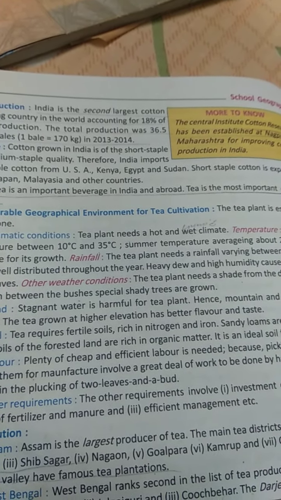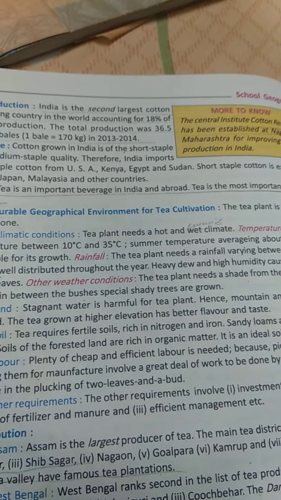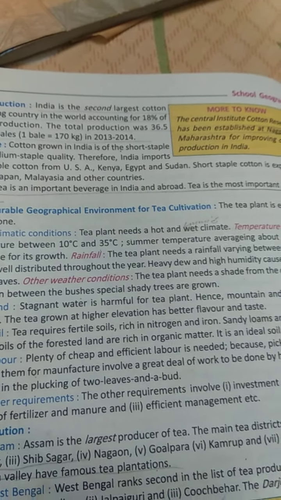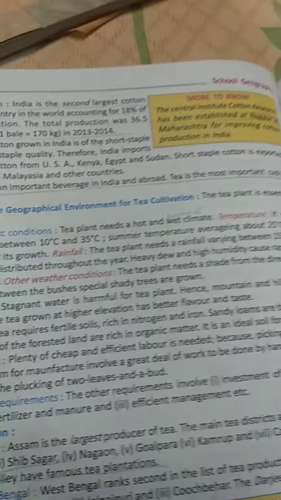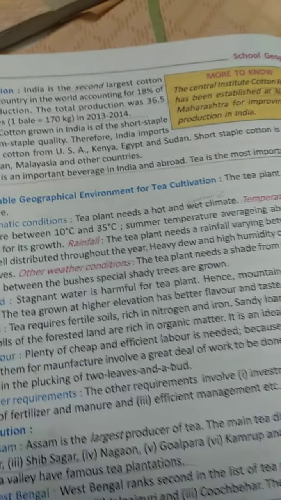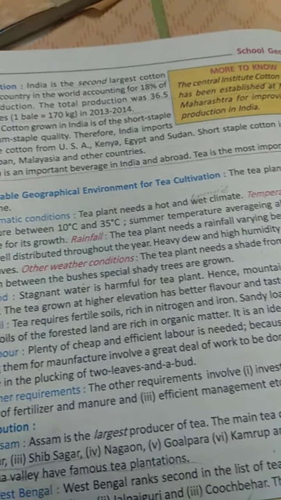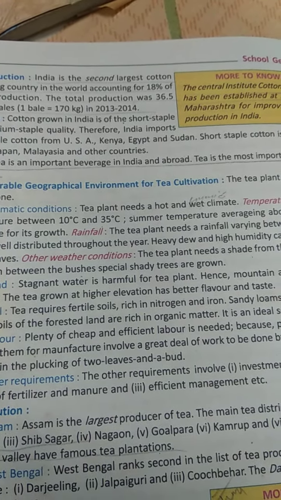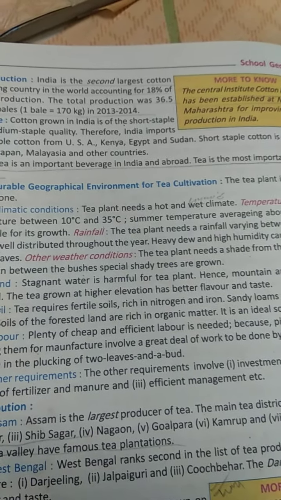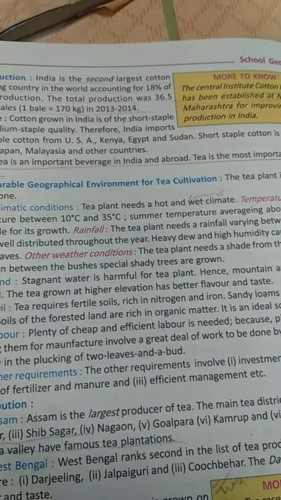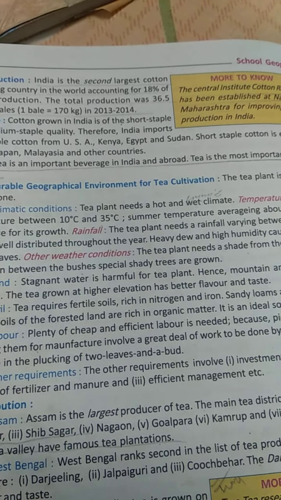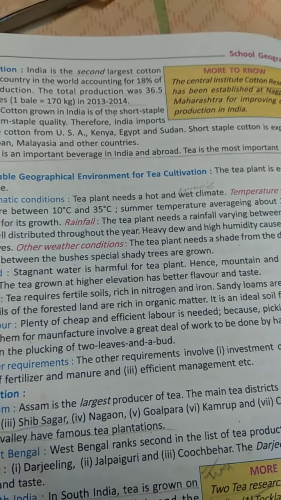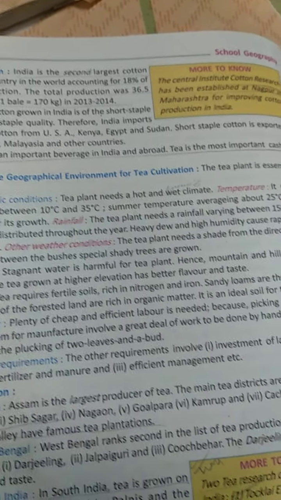This is a tropical plant, so a hot and wet type of climate is required. It needs heat and requires a temperature between 10 degrees to 35 degrees. The average temperature of 25 is most favorable for its growth.